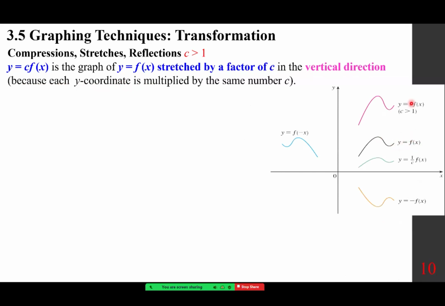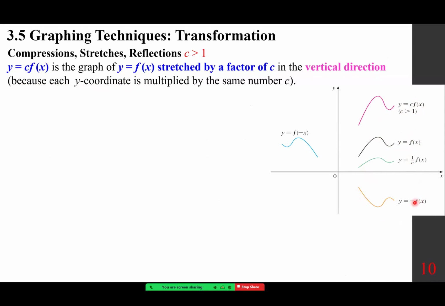If we multiply it by C, it gets stretched by a factor of C, where C is larger than 1, in a vertical direction. If we divide by C, it compresses by a factor of C.